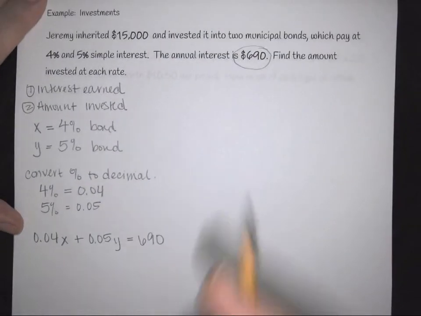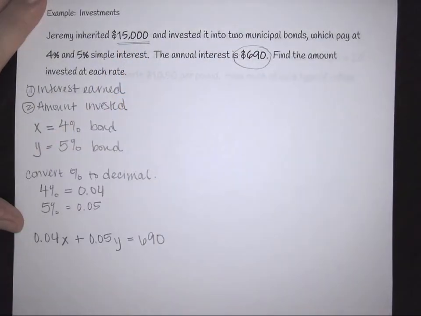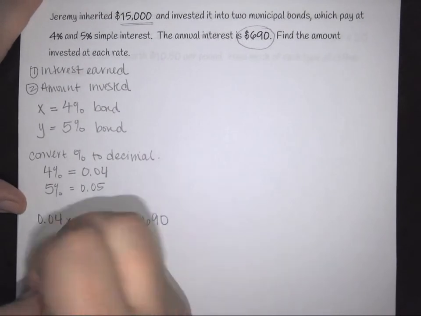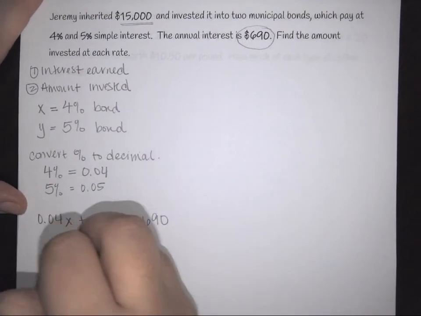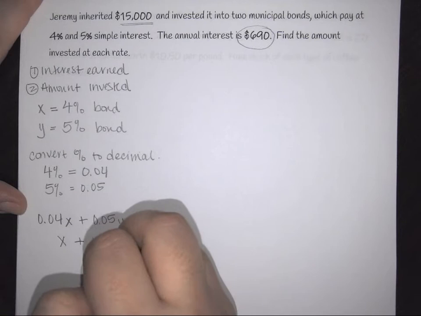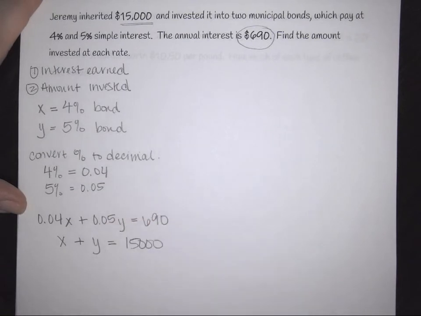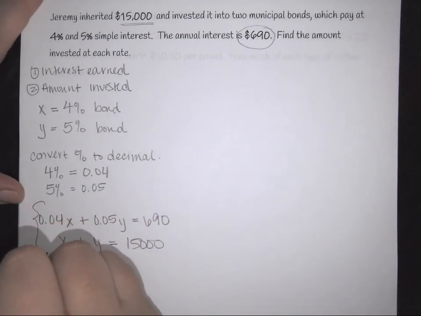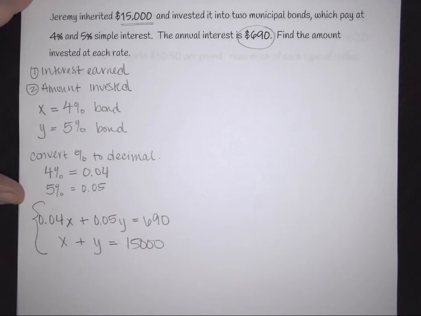Now, I also know that the total investment is $15,000. So that also tells me that X plus Y is equal to the $15,000. And just like before, here is your system.